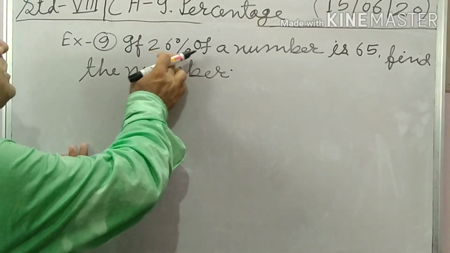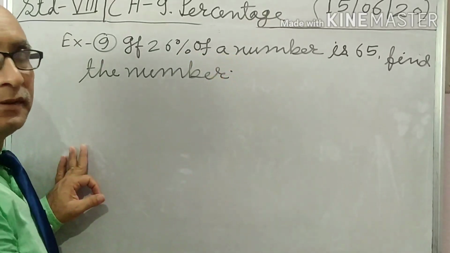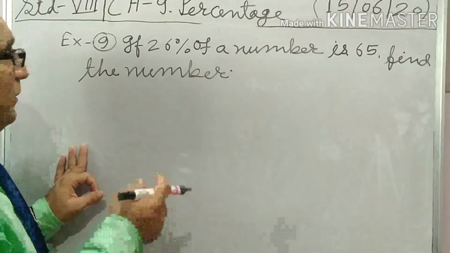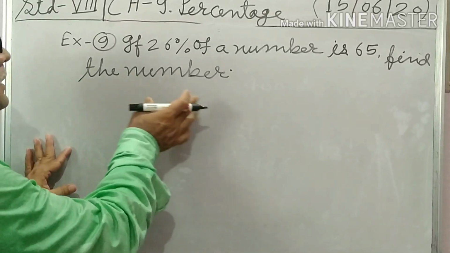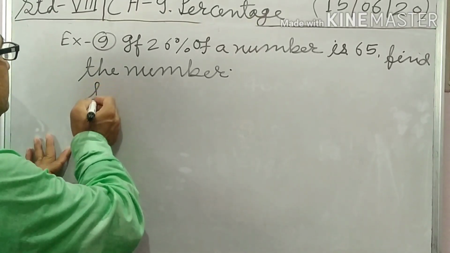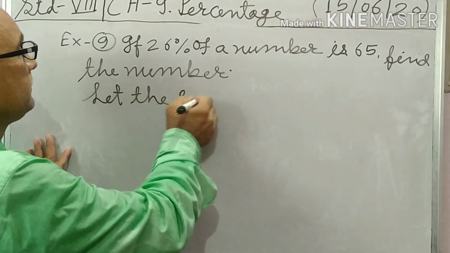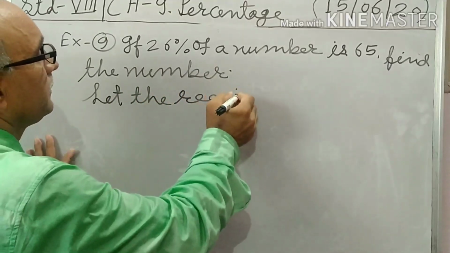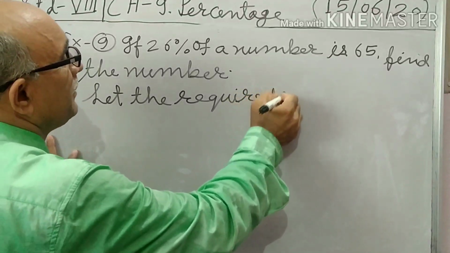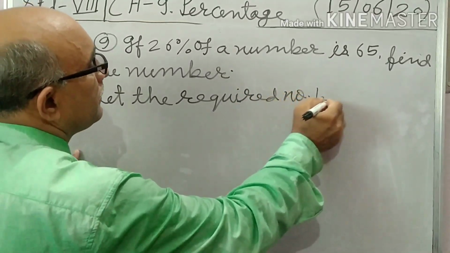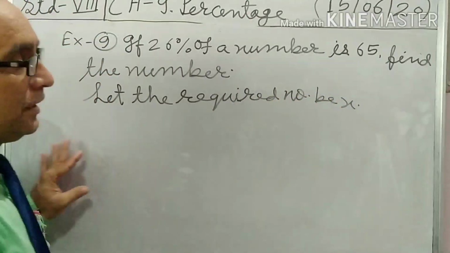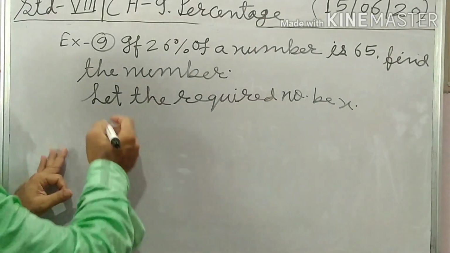Students, the next important question is example 9. If 26% of a number is 65, find the number. In this type of question, let the required number be x.